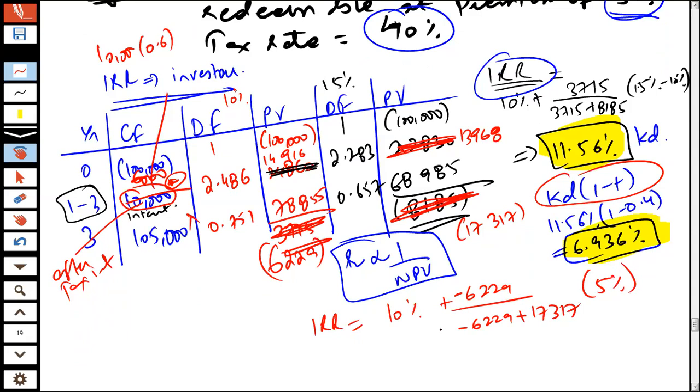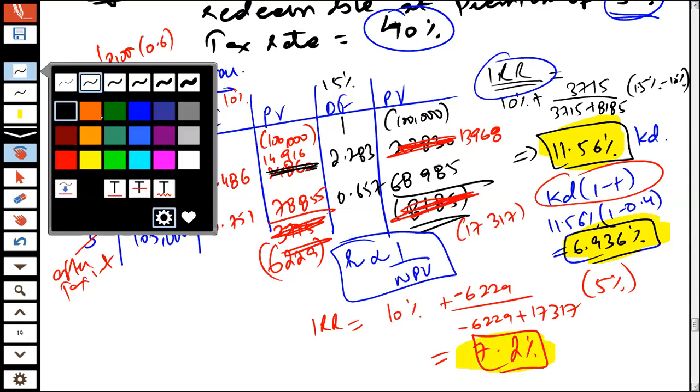If I calculate it like this, it actually turns out to be approximately 7.2%. And this is the correct way of calculating the cost of this redeemable debt.